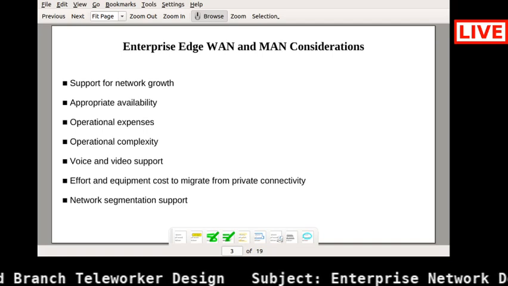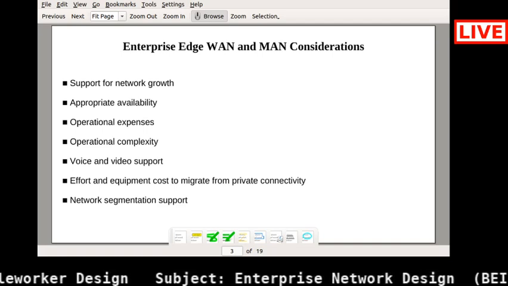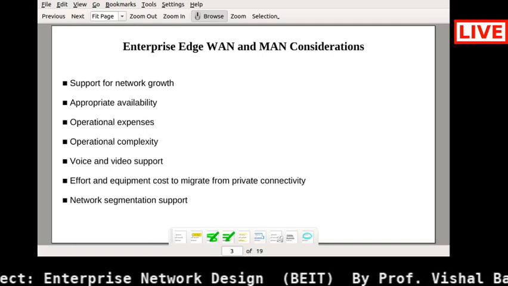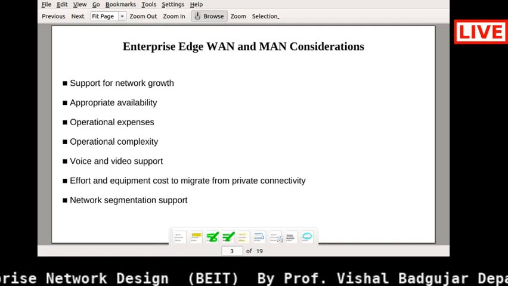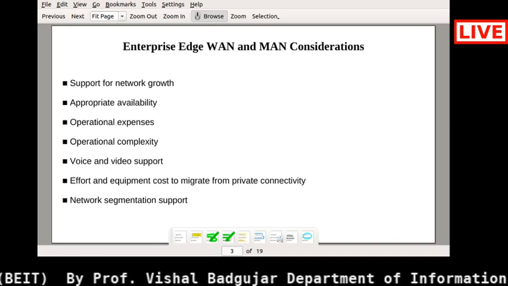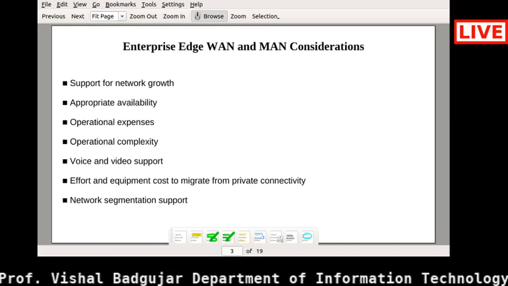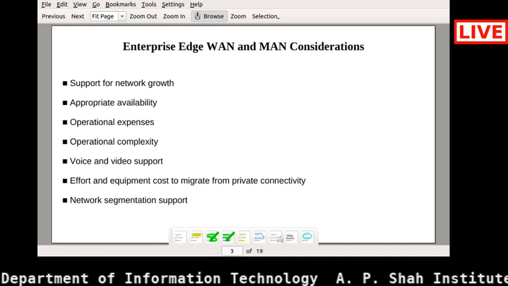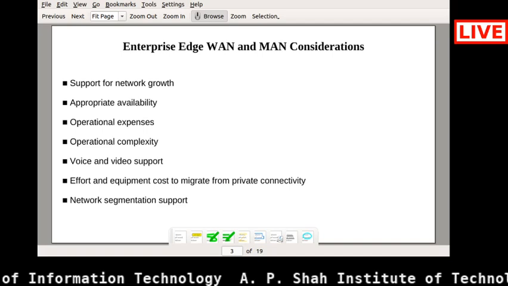Another advantage is that it will increase your security parameters and isolate the departments or different partners who are accessing your enterprise network or corporate network. Network segmentation can help in that manner, and it will also increase your security.